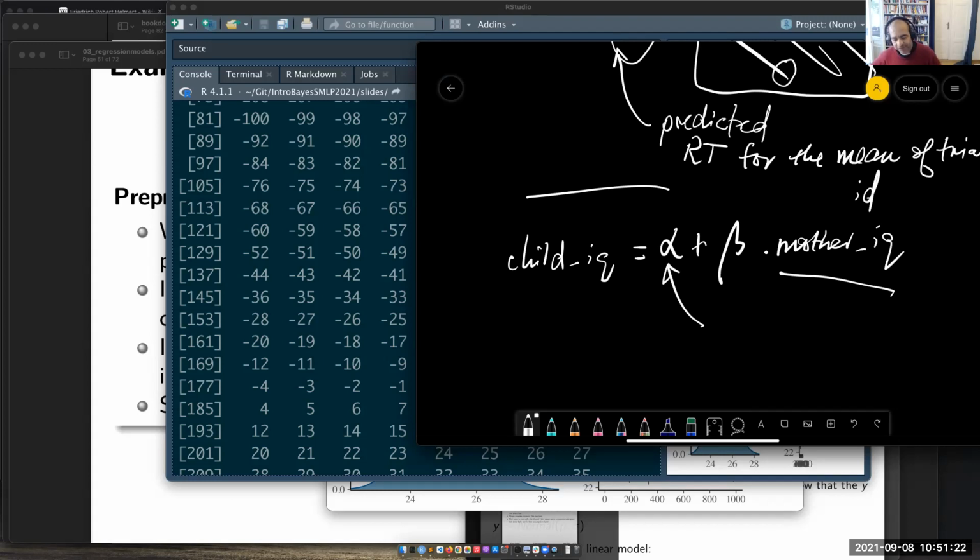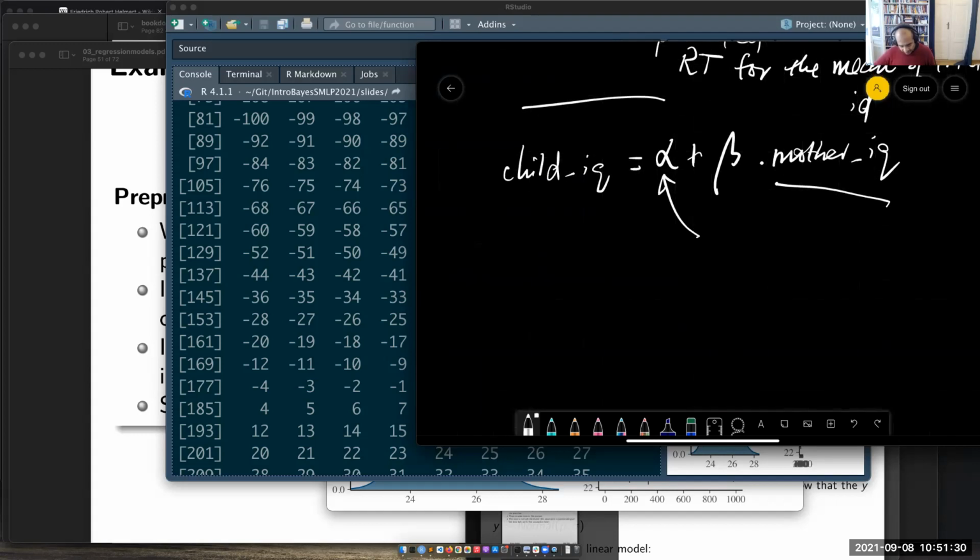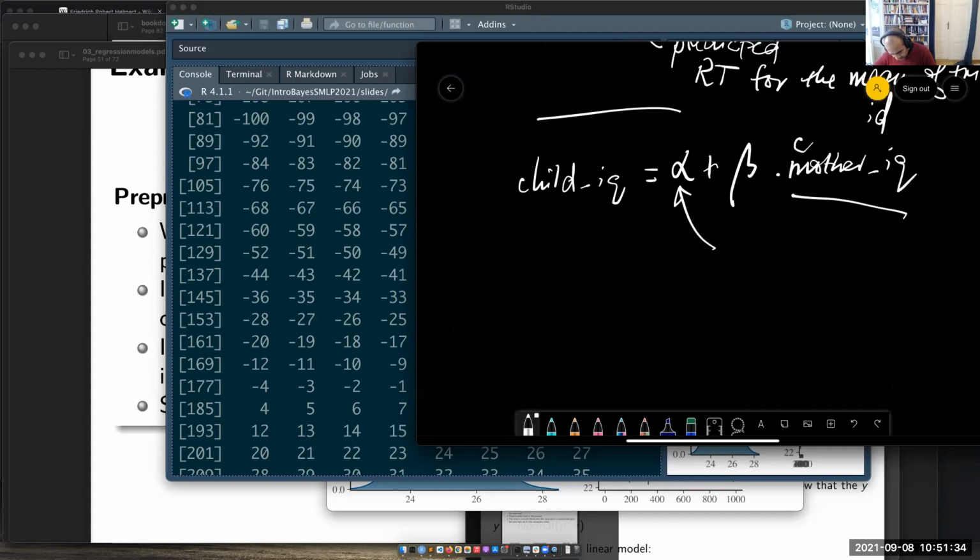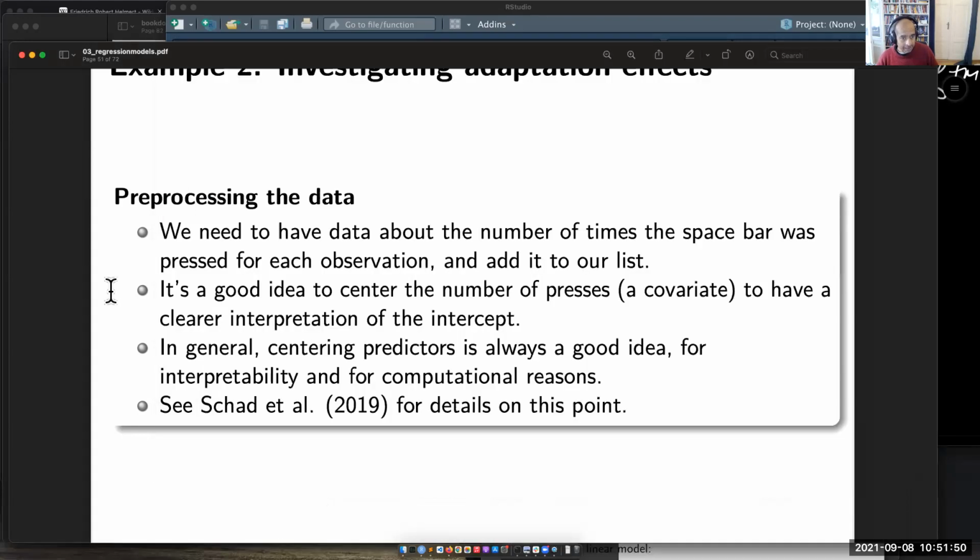When will the mother's IQ be 0? That can't happen, so it would be a nonsensical meaning for the intercept. That's why we center this. If we center the mother's IQ, then when the mother's IQ is the average of the sample that you have, the child's IQ is predicted to be alpha. So that's one reason why it's super important to center the predictor.